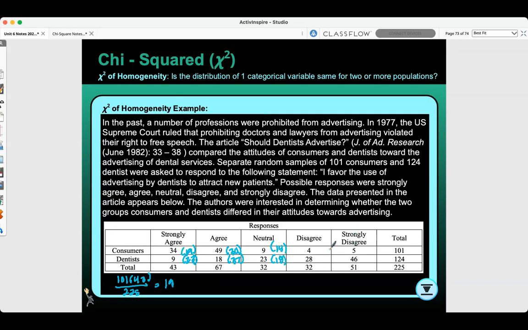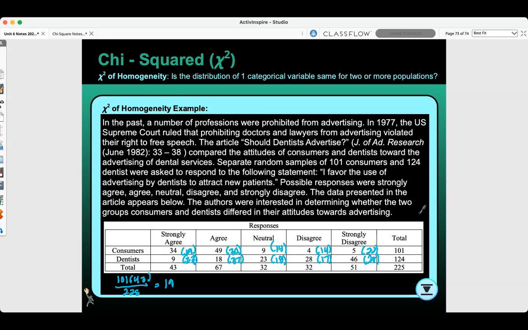Consumers and disagree would also be 14. Dentists and disagree would be 17. Consumers and strongly disagree would be 22. And dentists and strongly disagree would be 28.